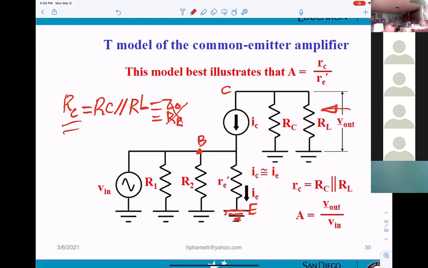That means output impedance. Input impedance means your source right here, looking into the amplifier. That's what they call R in. Then you can see you get R1 parallel with R2. And also you have one resistor from the base to the ground.